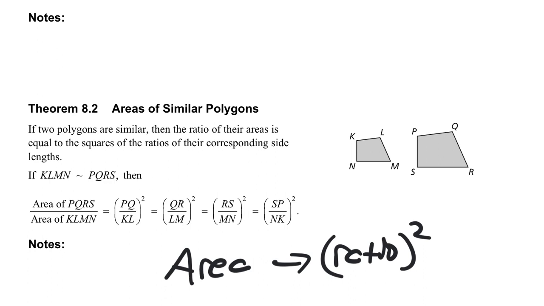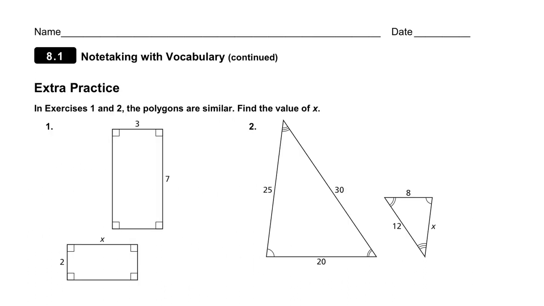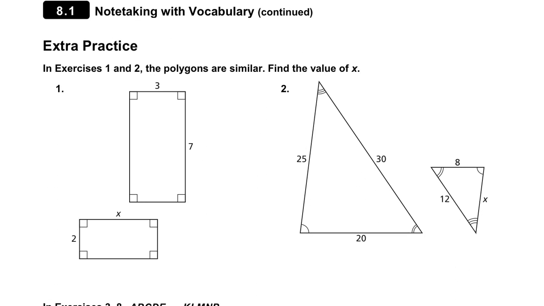So let's use this example, extra practice one. Let's look here. We have two rectangles based on the shapes that we see in this picture here. And what we can look at is, let's find the value of x. So remember, it is the idea of the corresponding sides ratio.